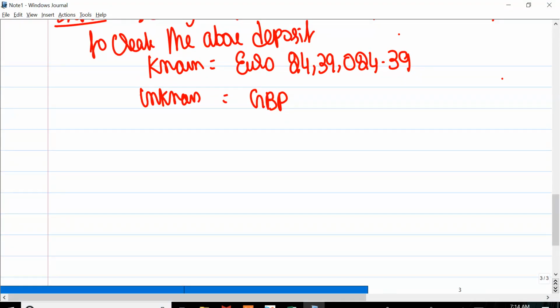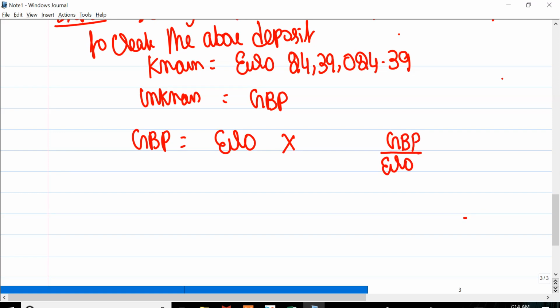Let's write the formula. GBP is equal to euro into, what formula? GBP by... Now comes the trickiest part. What are we going to do with euro?